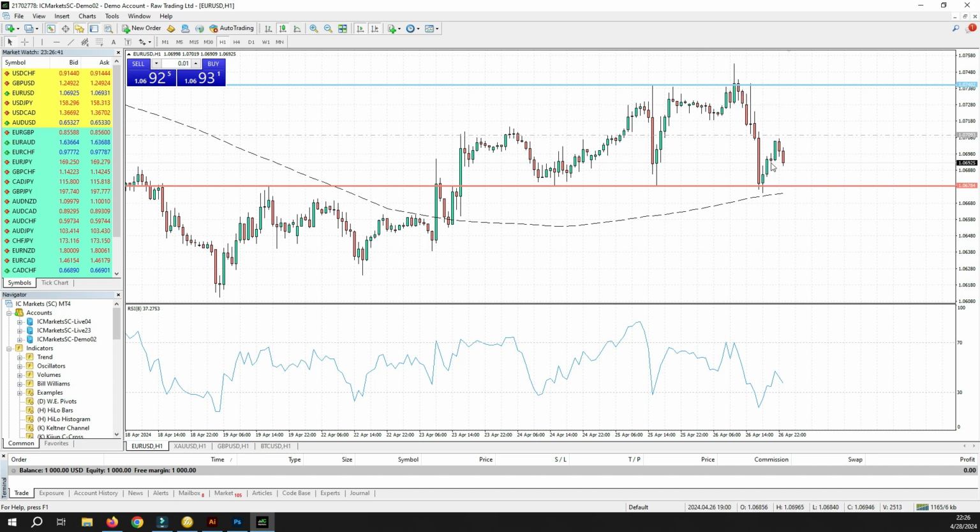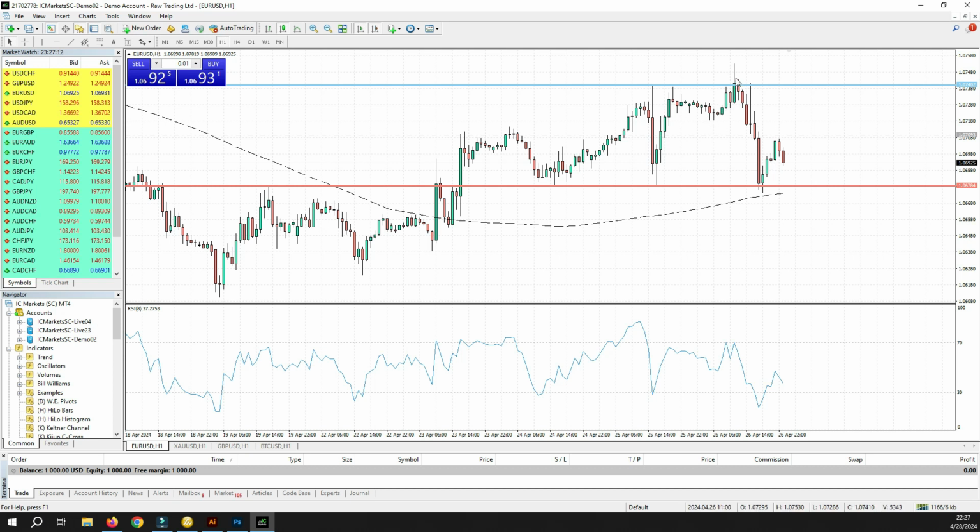This is like a small framework, and if we combine this component, previous daily high and low, with other components such as the moving average 200 or any other component, we can get a lot of information and maximize our winning rates.